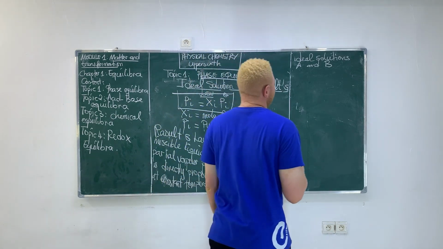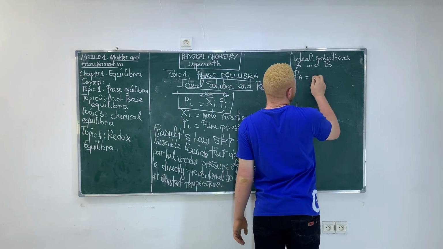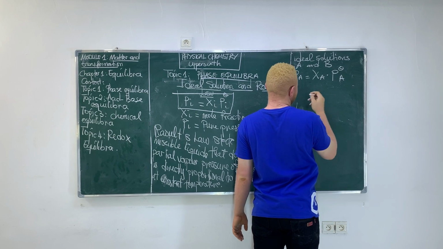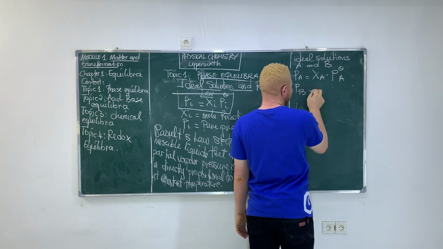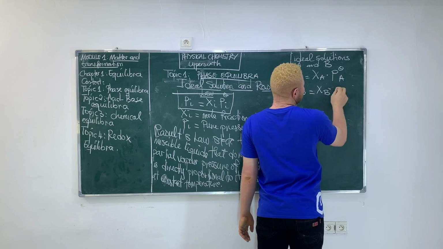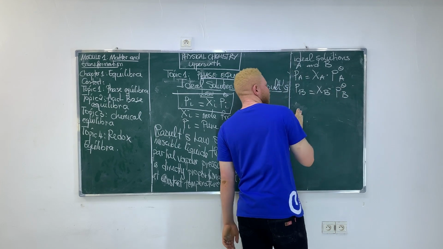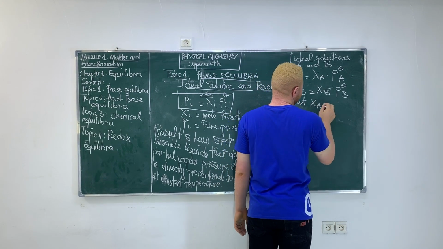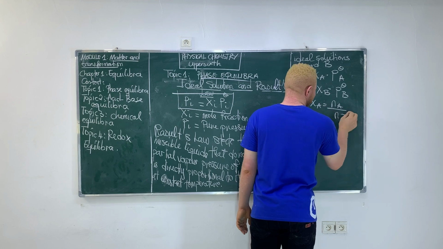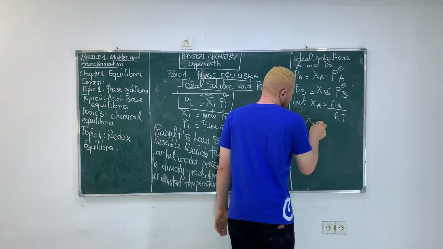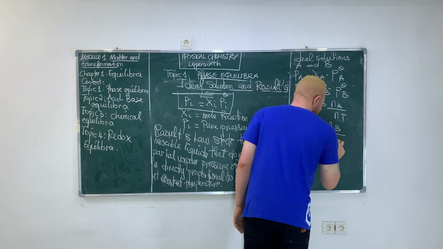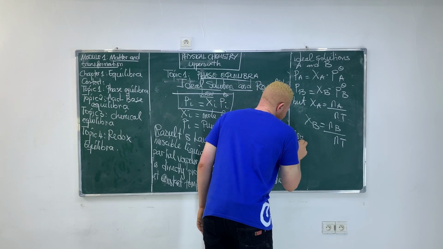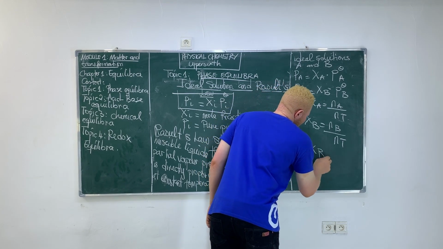So the partial pressure of A is XA times P naught of A. Similarly, PB equals XB times P naught of B. Also, XA plus XB is equal to 1.